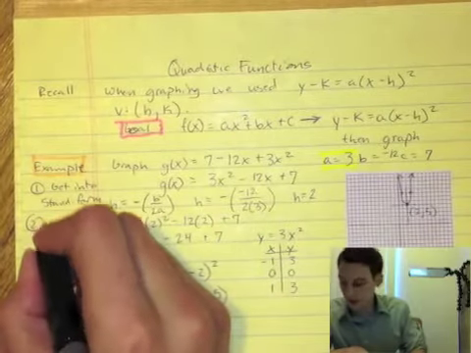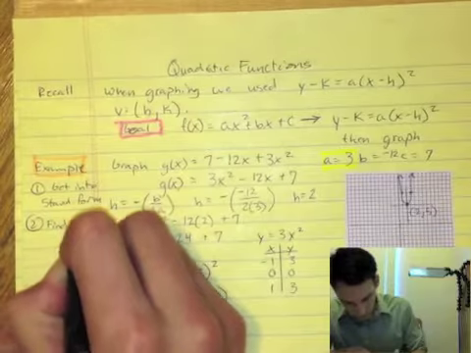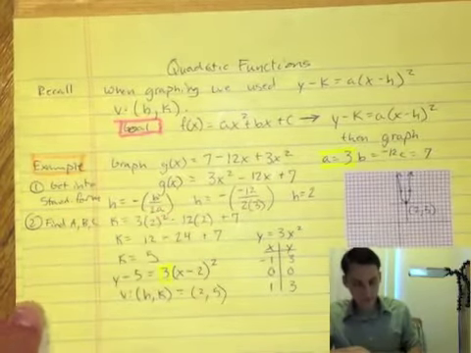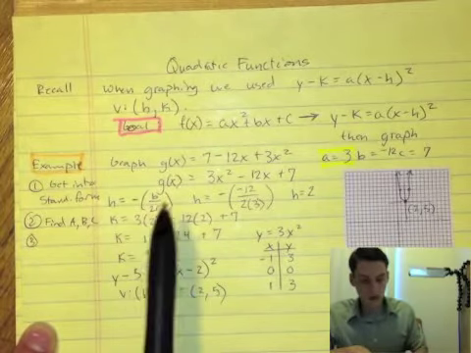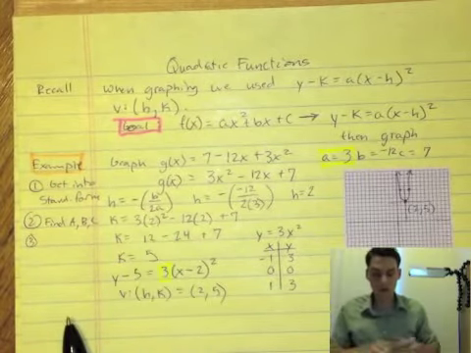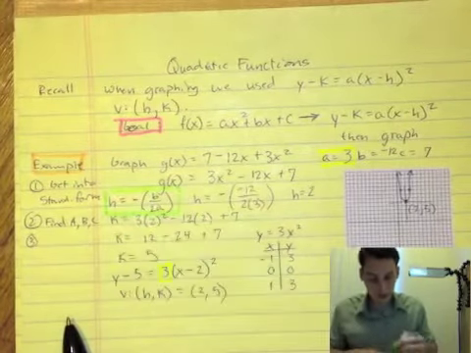Step 2, find a, b, and c. Step 3, find h by using this formula. This is important. I'm going to highlight it in green. We have a formula for h.